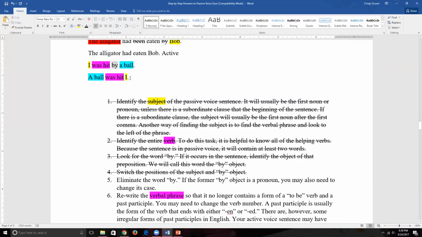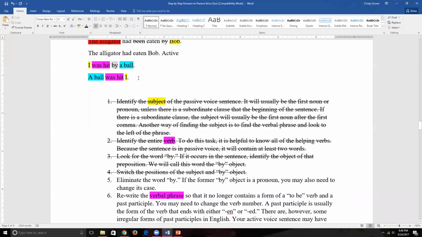Because we had after the by the word ball, we don't have to change it because it's a noun, so we don't change its case. But we do have a pronoun here. A ball was hit I. Well, it's pretty rare that we use the word I at the end of the sentence.